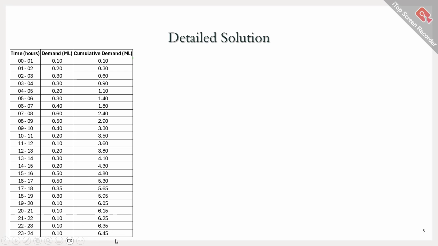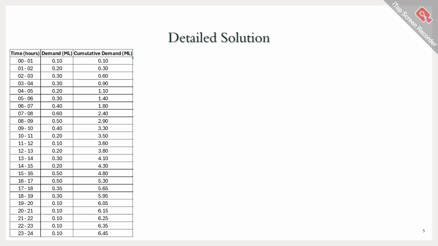Hopefully you are able to understand this. So first you have to calculate the cumulative demand, that is the total demand at the end of the 24 hours, which came out to be 6.45. So 6.45 is the total demand of the entire town or entire system for which you are going to design the tank per day. So it is the daily demand you have calculated this way.